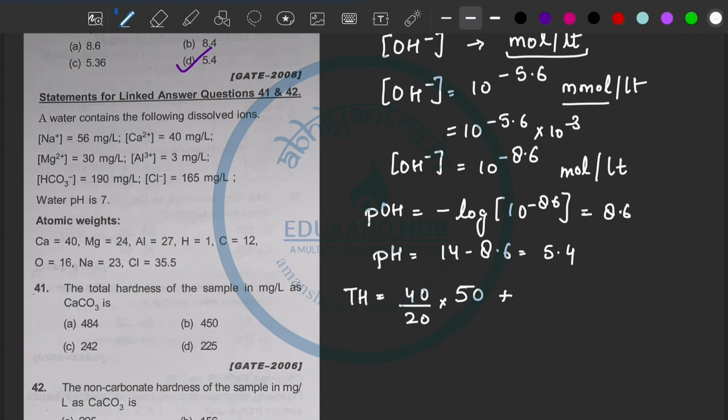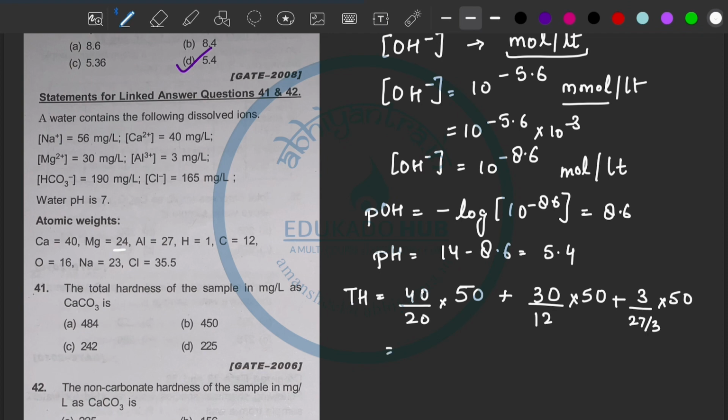For magnesium, the given value is 30 milligram per liter, divided by 24 divided by 2, which is 12, into 50, plus aluminium is 3 milligram per liter divided by 27 divided by 3, into 50, right?